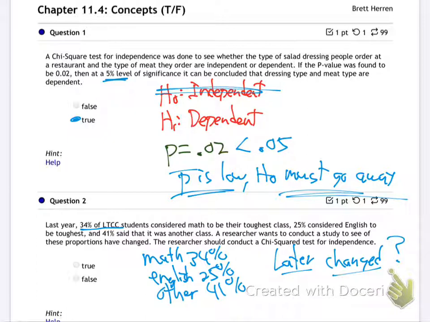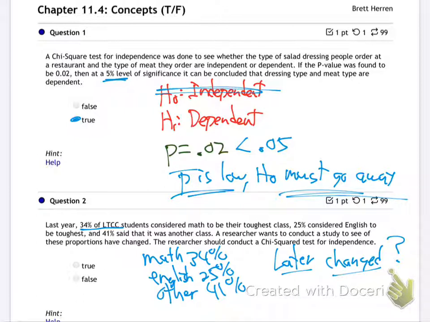So they're saying later, like 2 years later, 5 years later, has it changed? If they surveyed the students 5 years later, would the new group have the same percentages or different?